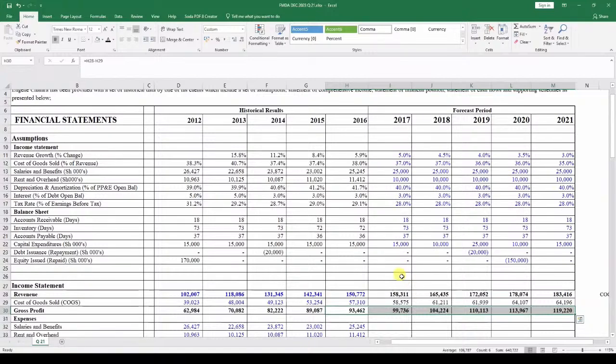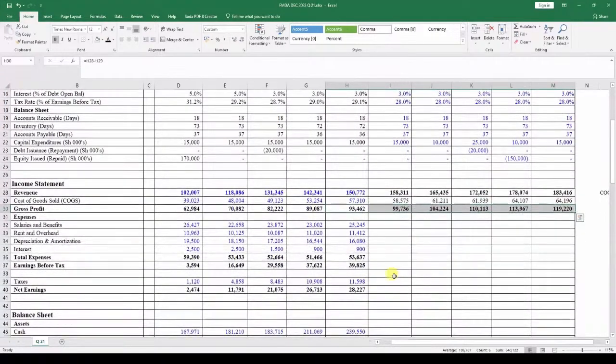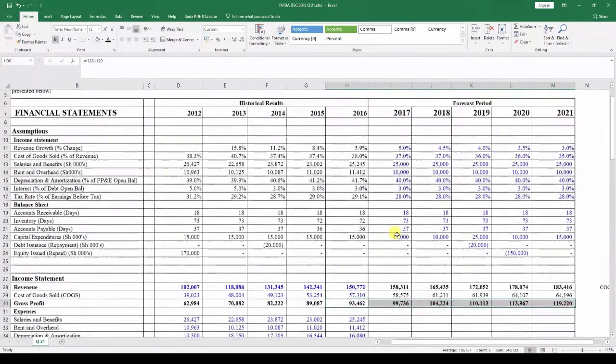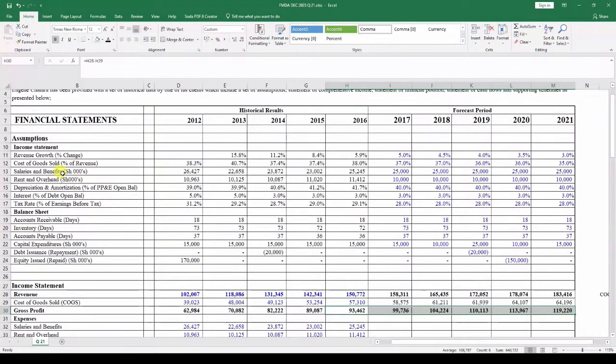Now we move on to the expenses down here. So the salaries and benefits, what are we told as far as the assumptions are concerned? We are told that the salaries and benefits are given to us in terms of shillings, 25,000 all through like that. And here we're saying it's going to remain as 10,000 in terms of the depreciation component.